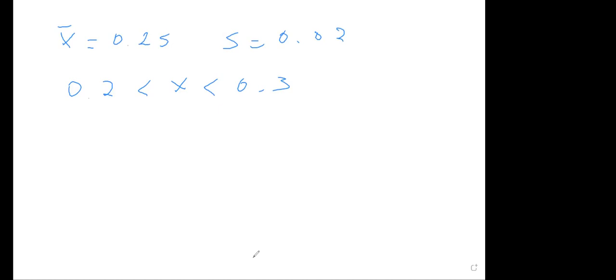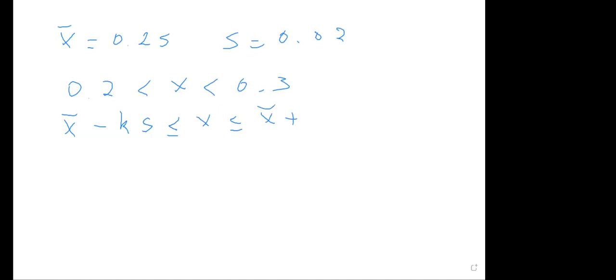So we want to recall that within K standard deviations, the Chebyshev interval is x bar minus ks to x bar plus ks.